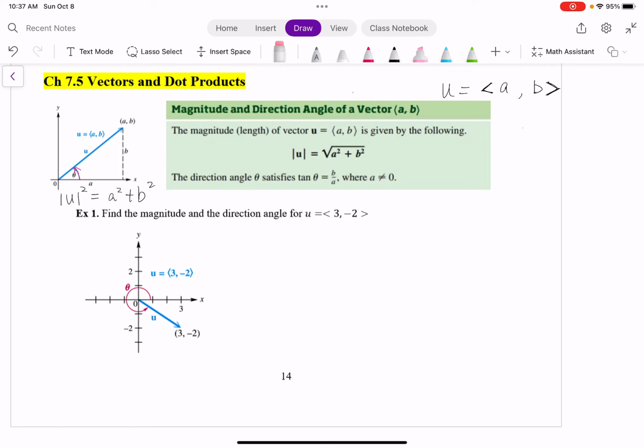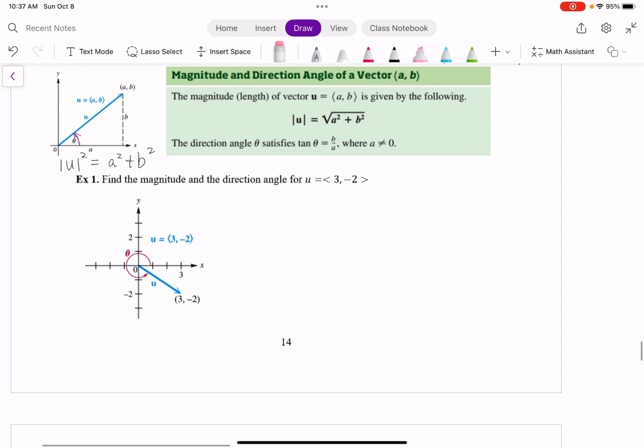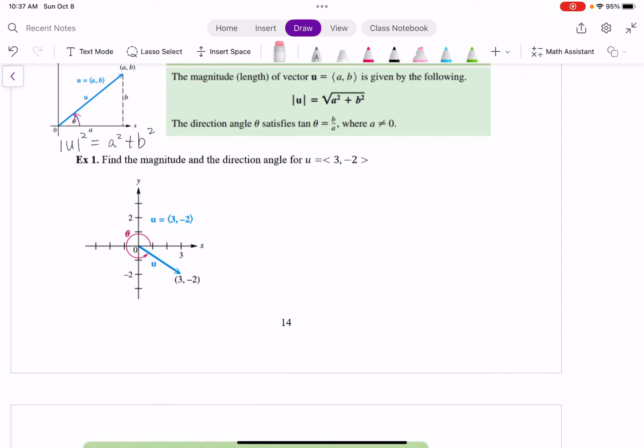Okay, let's see the first example. Find the magnitude and direction angle for u. Every time we are solving a trig question, if I can draw an image, I do that. First I will find where the terminal point is. u is a vector and the component form is ⟨3, -2⟩.